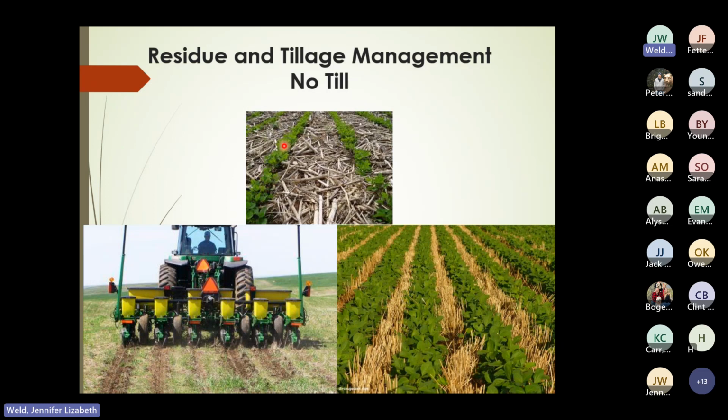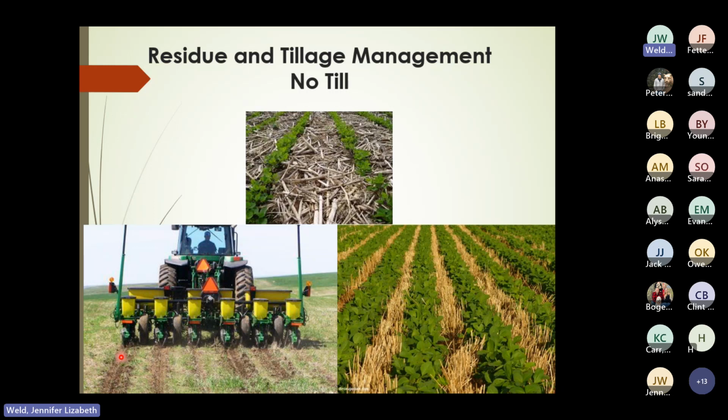So this is just some examples of the residue that's left by different no-till operations. This is soybeans being planted into quite a bit of corn fodder, or corn residue. Over here we have soybeans being planted into small grain residue. And on the bottom left is an example of a no-till operation where you can see that the only disturbance in the field is where the discs are making a cut, basically disturbing the soil to plant.